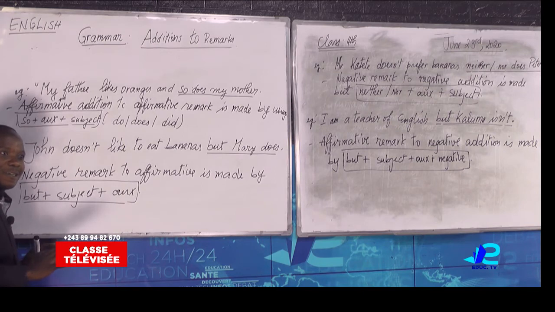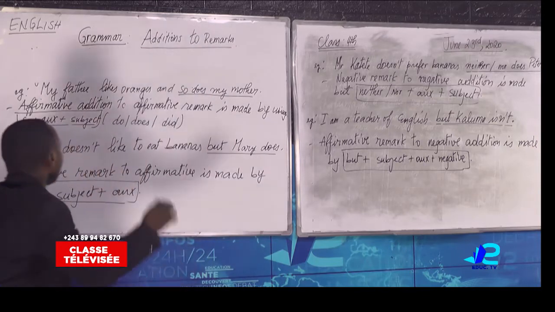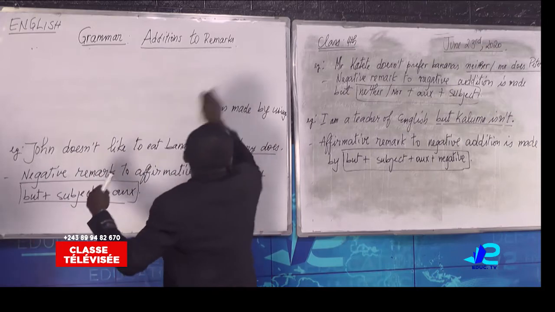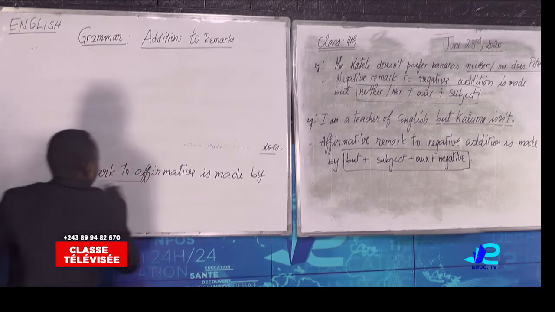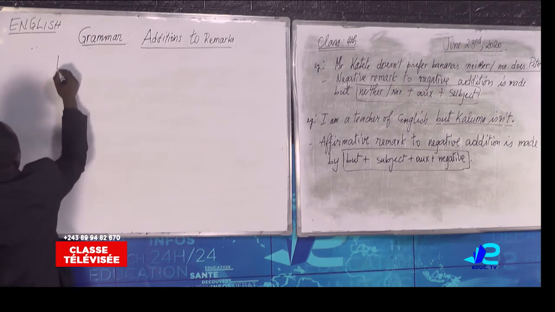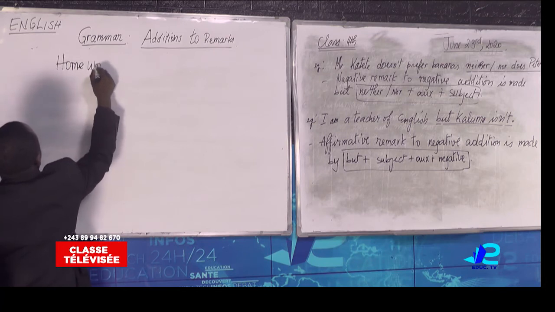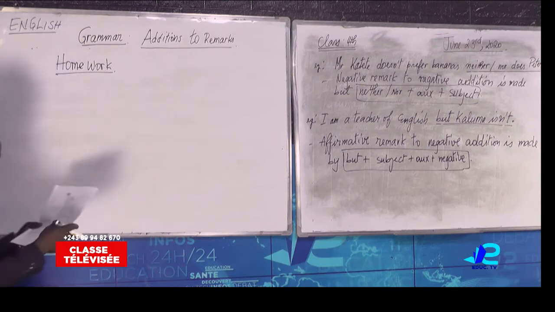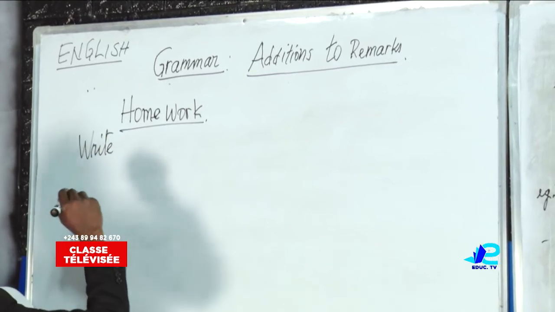All right? Okay, now I'm going to give you an exercise that you are going to do, or a homework. This has to be given next time, or you send your answers to my number. The homework is: take the homework, please, class.